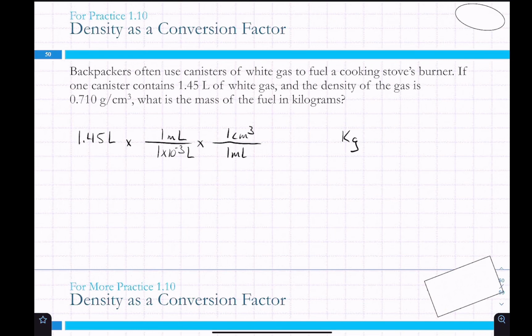That's a defined quantity. And then from centimeters cubed, now we can use our density that we were given. And that'll take us from centimeters cubed into grams. So this is 0.710 grams per 1 centimeter cubed. All right, so how do we go from grams to kilograms?